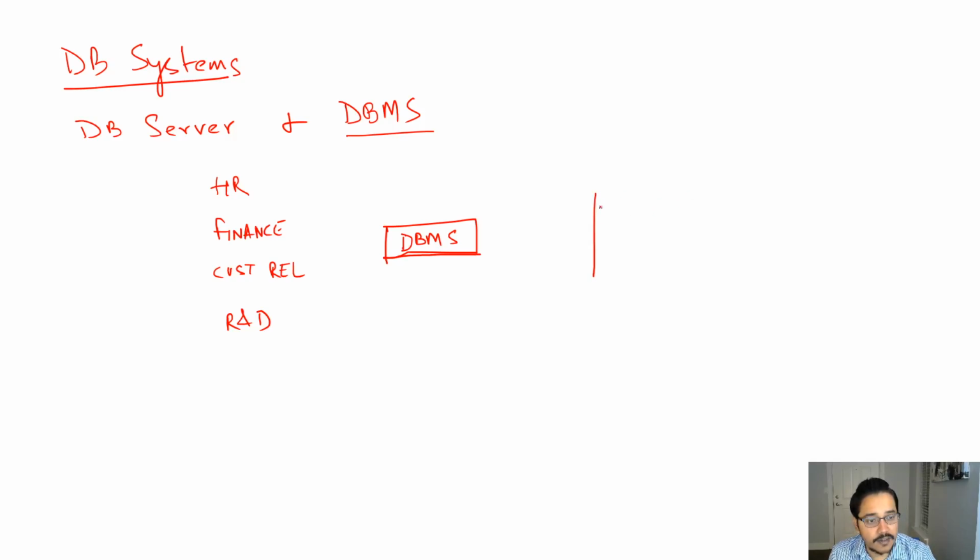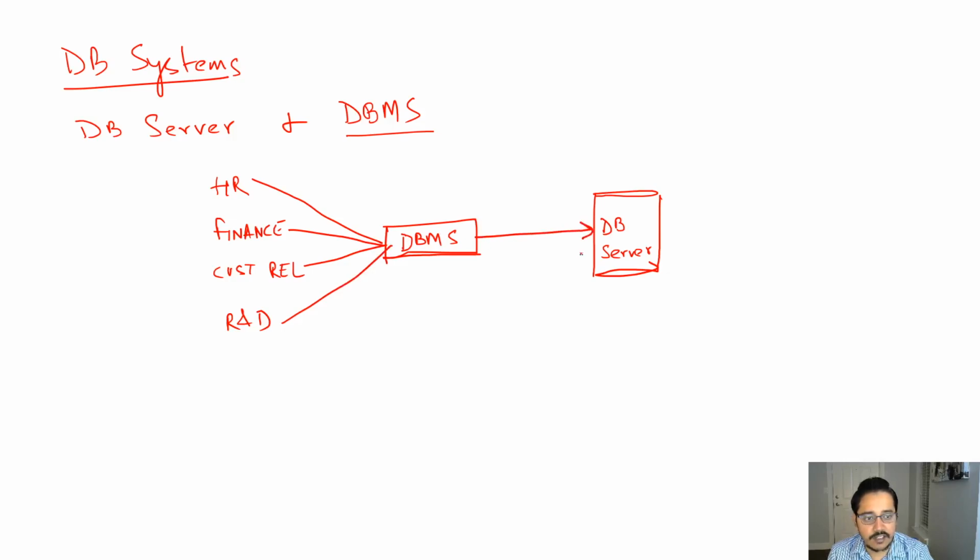And then you had your database server, which was essentially responsible for storing the data. Okay, so all of these different departments now had to go through the DBMS and then interact with the database.